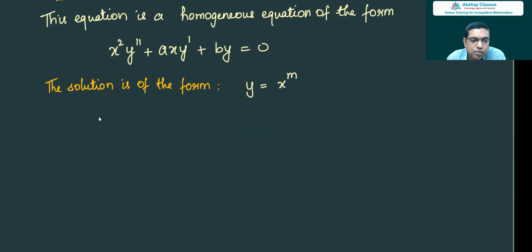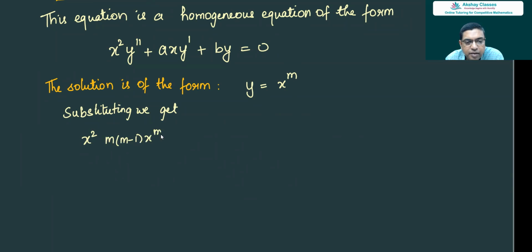Now, by substituting, we get x square into m into m minus 1 x power m minus 2.